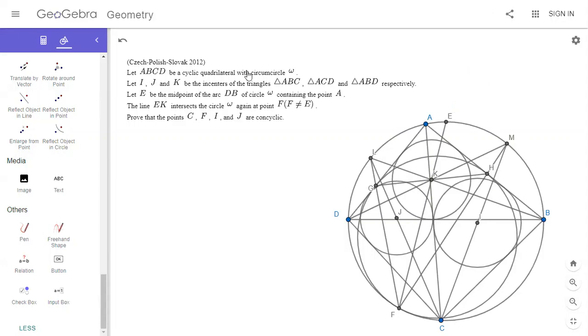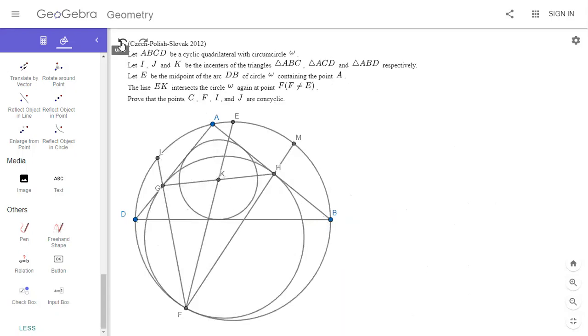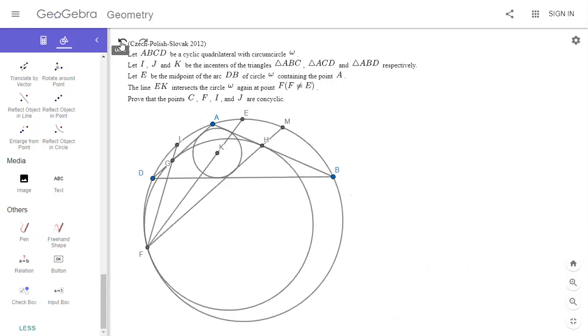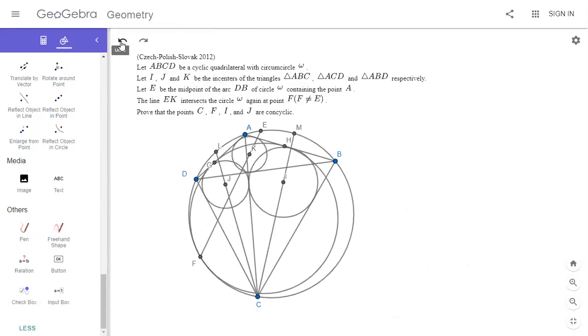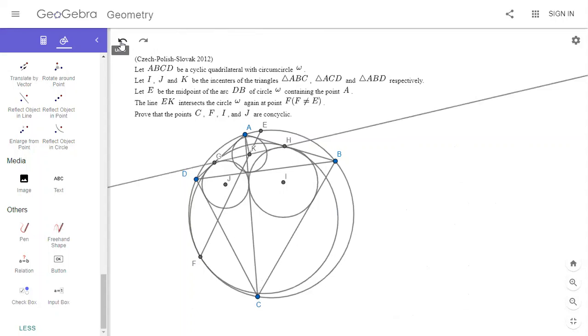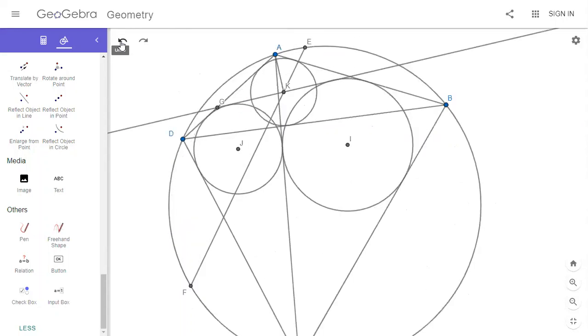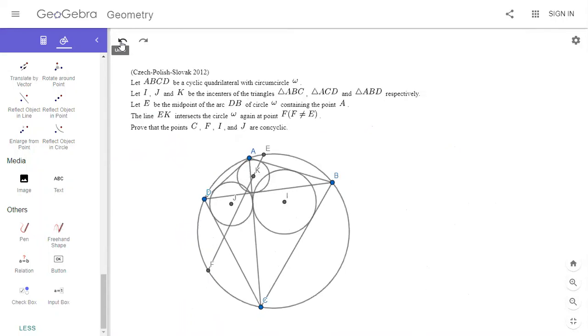I forget. ELFM is harmonic. Okay. So if we wanted to show ELFM was harmonic, then if I go back to, well, I guess I can't show it anymore.